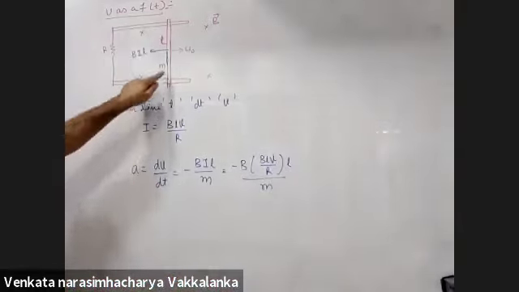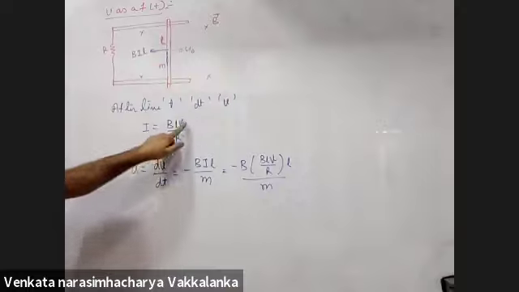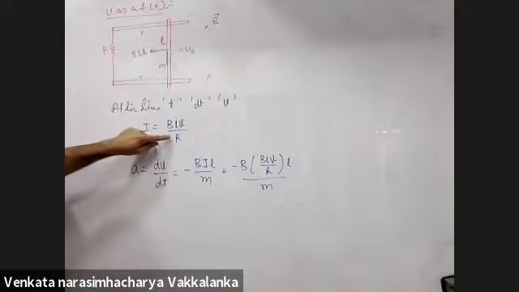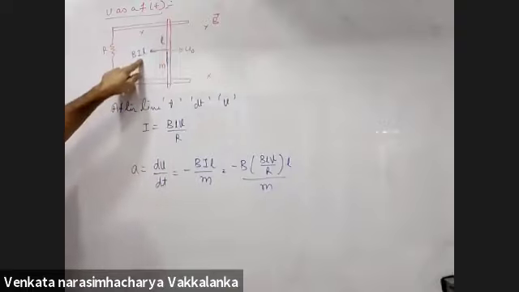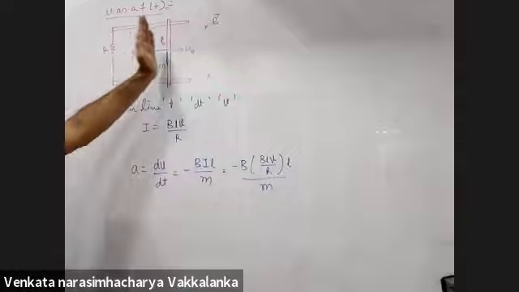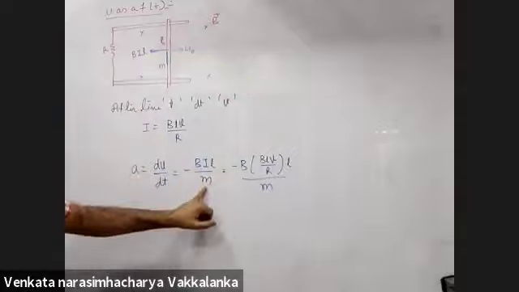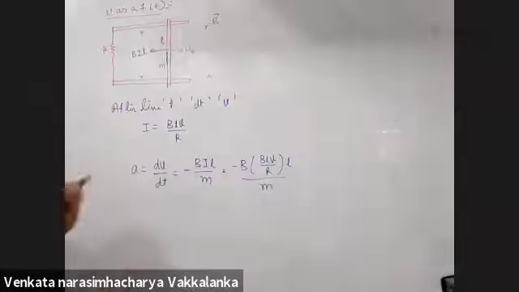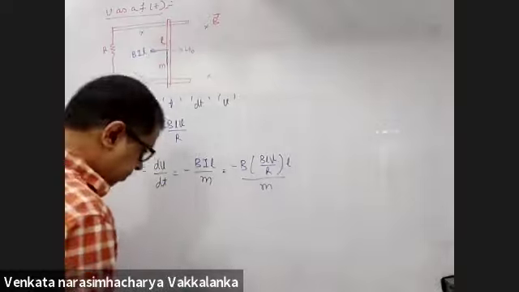The current in this will be BLV by R, motional EMF divided by R. Because of the current, there is a BIL. BIL will be slowing it down. So BIL by M is the deceleration, not acceleration. Hence, I put a negative sign. Till here, all of you convinced? Yes, sir.